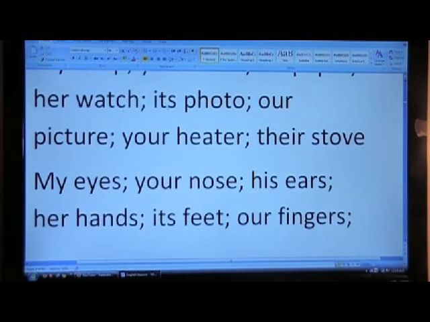Her watch, its photo, our picture, your heater, their stove, my eyes, your nose, his ears, her hands, its feet, our fingers.